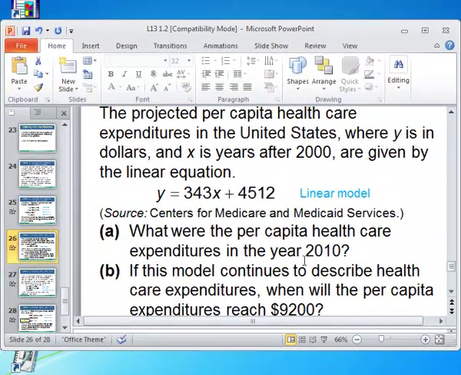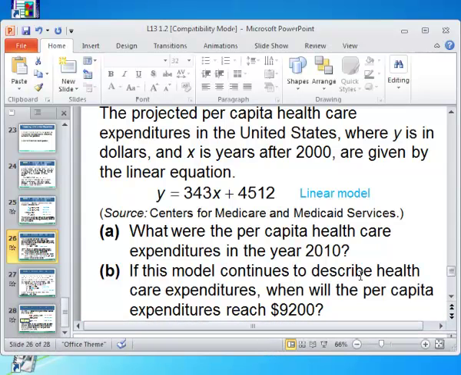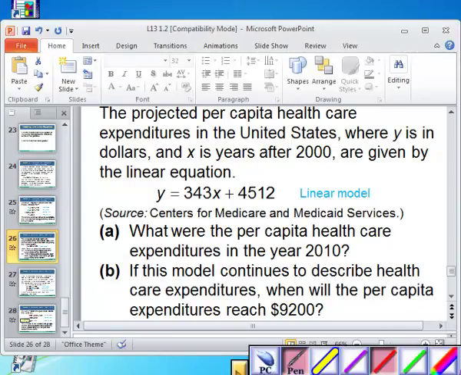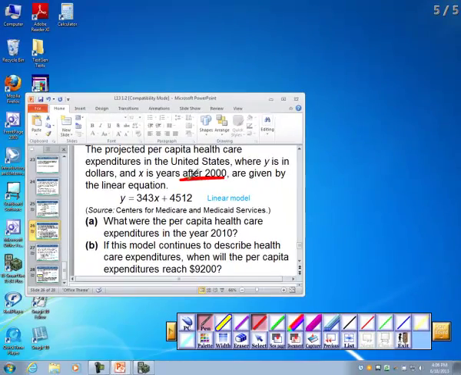What would be like our time 0? Let's look at this again. The projected healthcare per capita expenditures in the United States, where Y is in dollars, X is in years after 2000, are given by this equation. So what were the per capita healthcare expenditures in the year 2010?